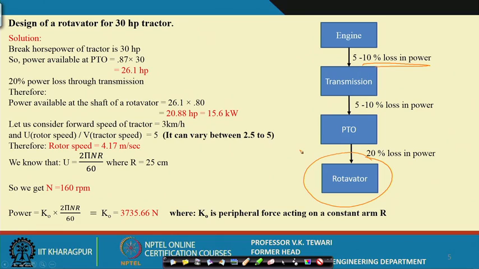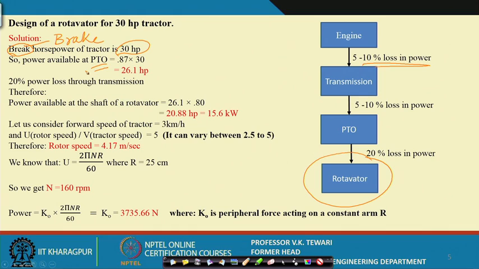So, there is a mistake here, it should actually be brake horsepower, say 30 horsepower. So, the power available at the PTO. Now, power available at the PTO can vary from about 85 to 90%, and we have taken 87%.